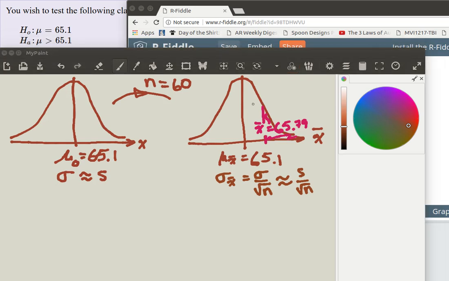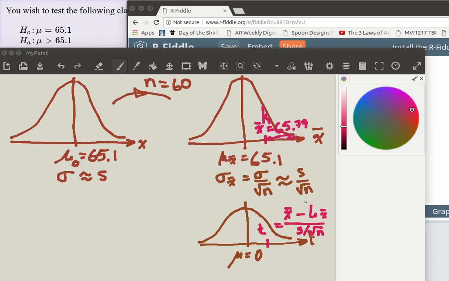Now we're going to find this area as a t-value, so we're going to come down here to a t-distribution, and we know that a t-distribution looks like it's going to have a t-value which is just essentially the z-value of x bar. So it's going to be x bar minus this mean divided by the standard deviation of this distribution.